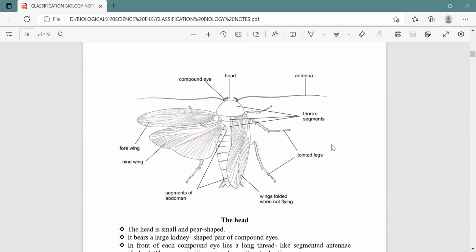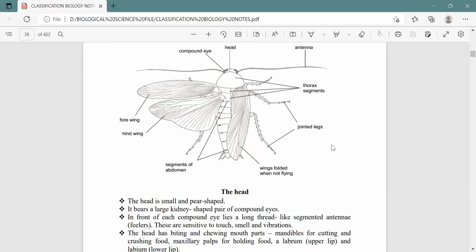So you'll get an animal that looks like this, and each structure of the body, as you can see in that diagram, is talked about below.